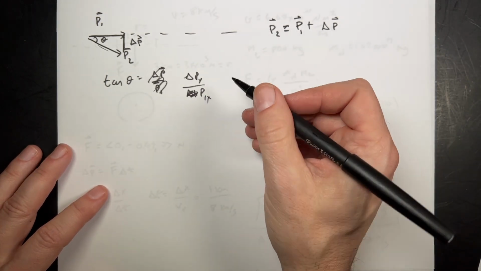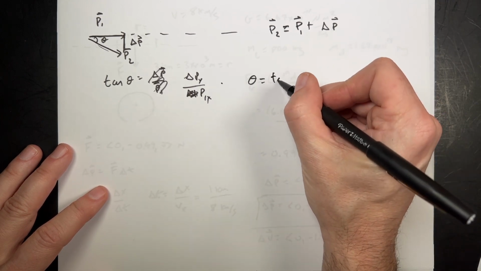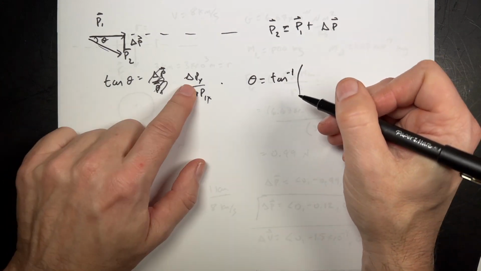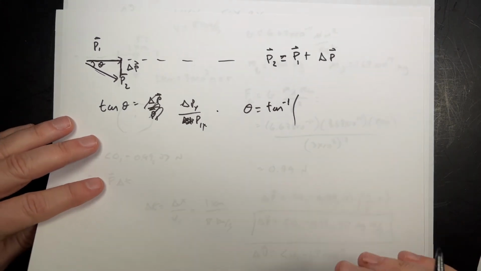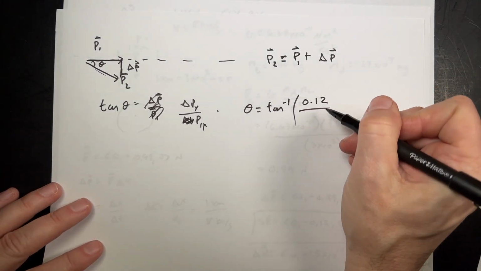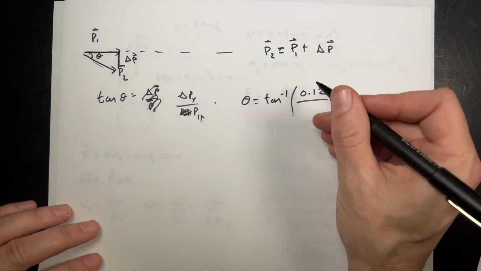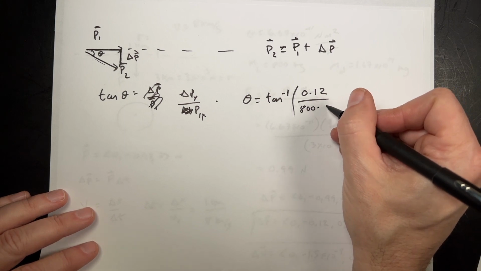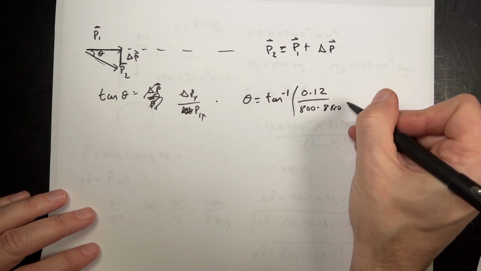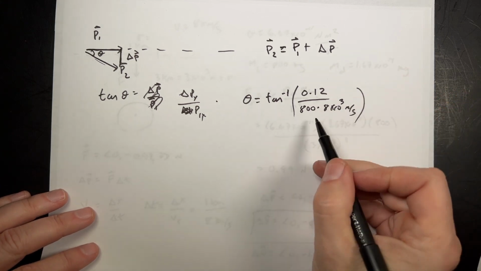I can't divide vectors. So if I do that, theta is going to be equal to the inverse tangent of the change in momentum, which was 0.12, I'm just using the positive value, over the total momentum in the x direction, which I didn't calculate. This is going to be equal to 800, the mass, times the velocity in the x direction, which was 8 times 10 to the third meters per second. And that's the initial momentum.